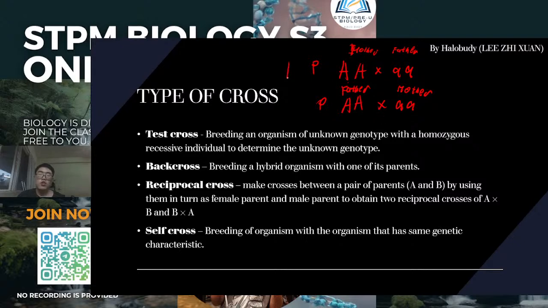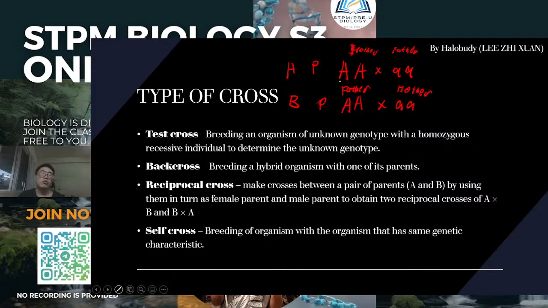So version A and version B. Version A is when the mother is homozygous dominant, and the father is homozygous recessive. In version B, they do the reciprocal cross: the father becomes homozygous dominant, and the mother becomes homozygous recessive.